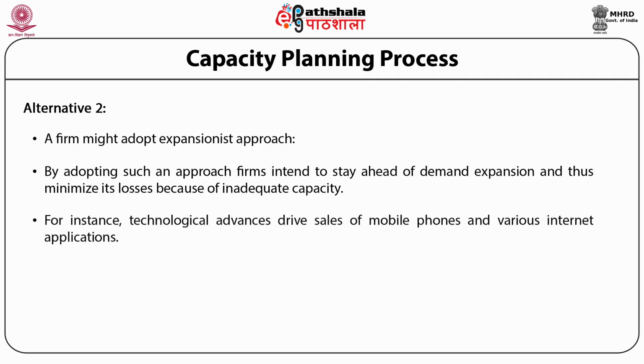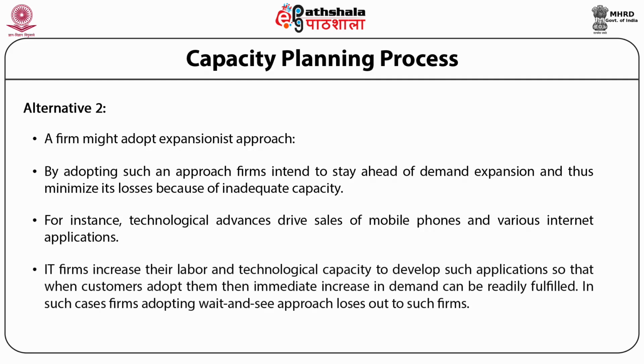For instance, technological advances drive sales of mobile phones and various internet applications. IT firms increase their labor and technological capacity to develop such applications so that when customers adopt them, the immediate increase in demand can be readily fulfilled.